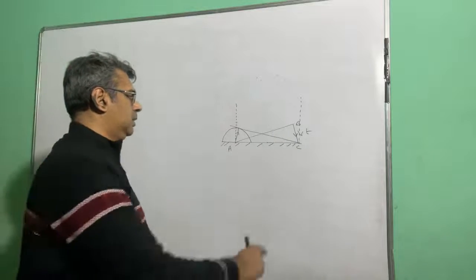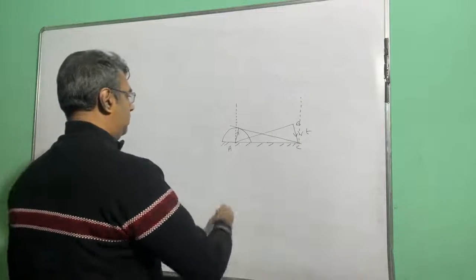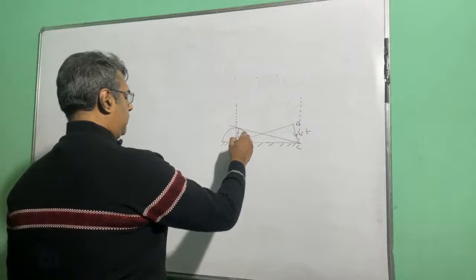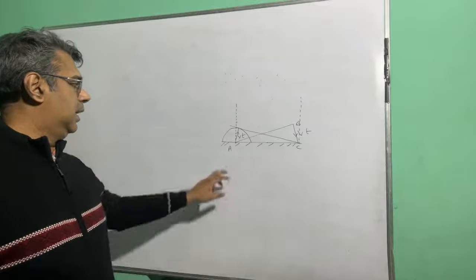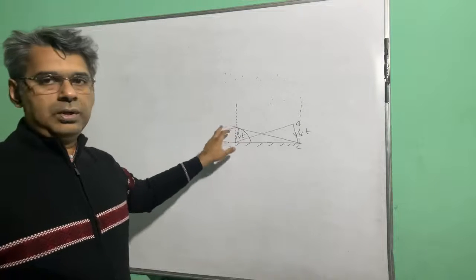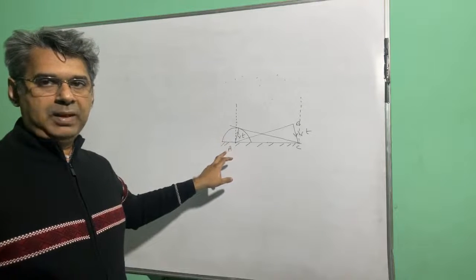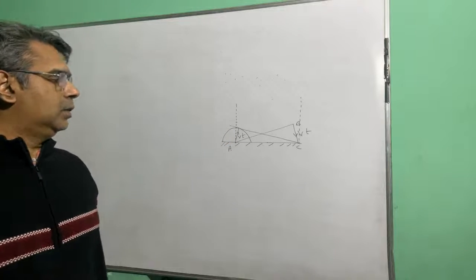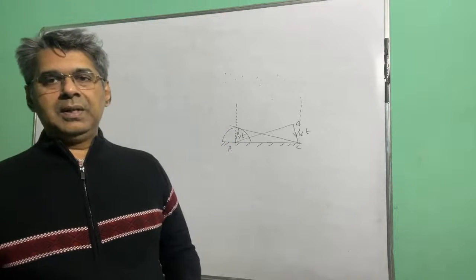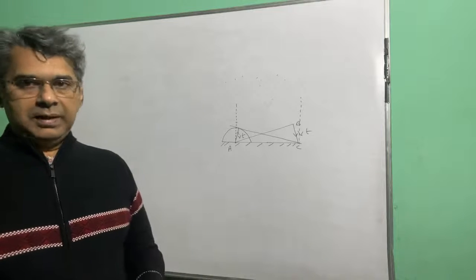So taking this V into t as the radius and A as center, you draw your wavelet, right? You know that in order to get the new position of the wavefront, it is compulsory to draw the wavelet.